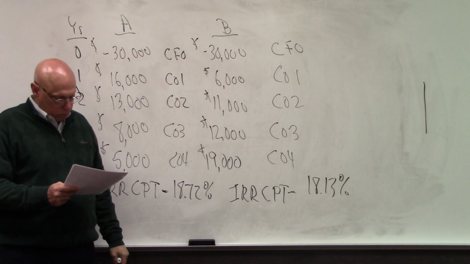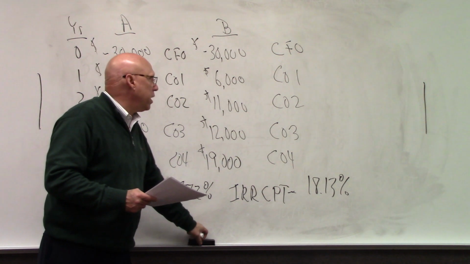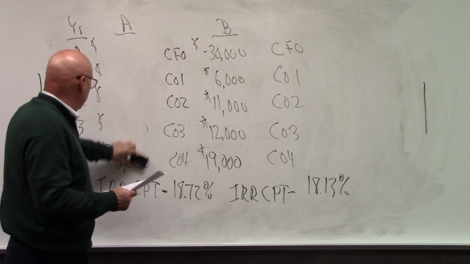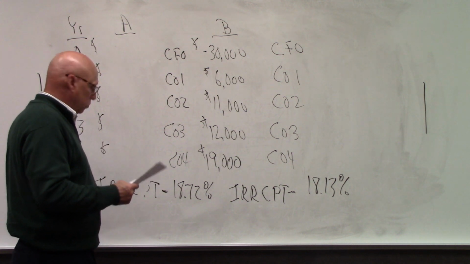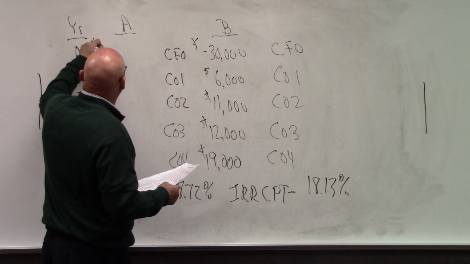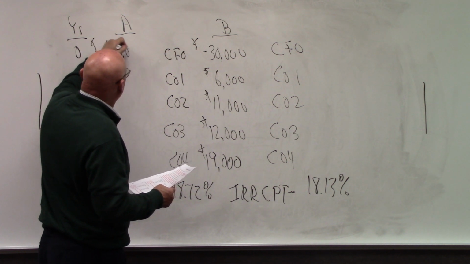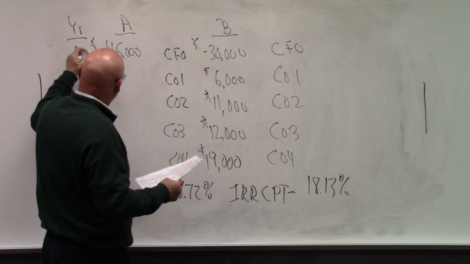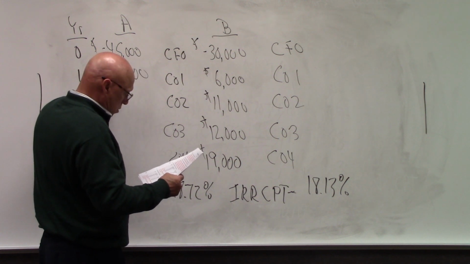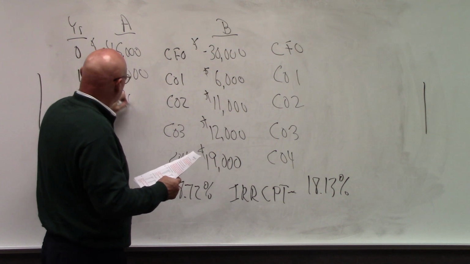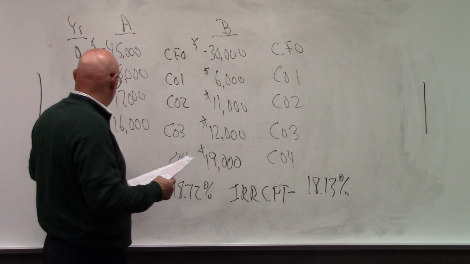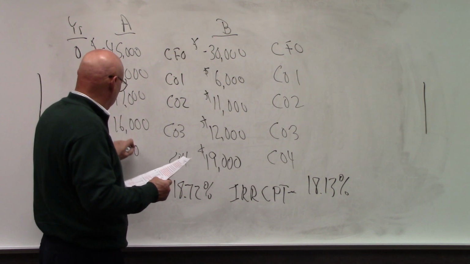All right, let's change the cash flows and do it again, one more time. So we've got minus 45,000, then we have 18,000, 17,000, 16,000, and 15,000.